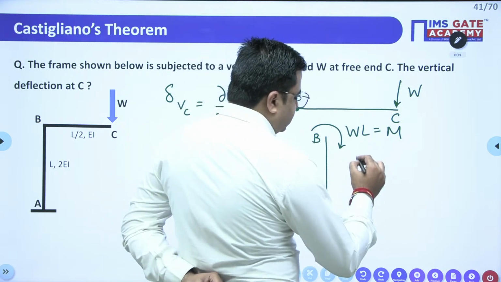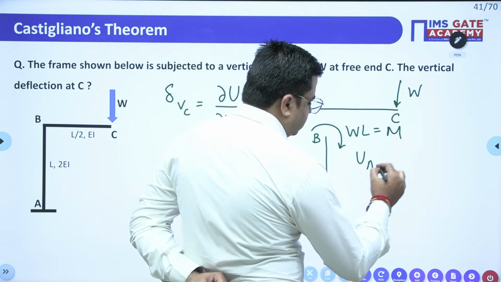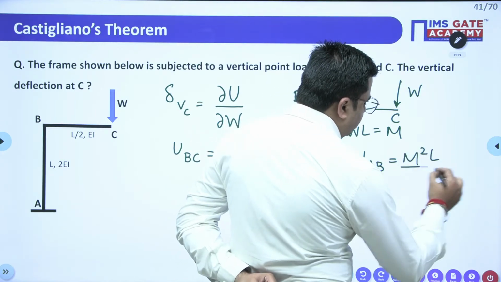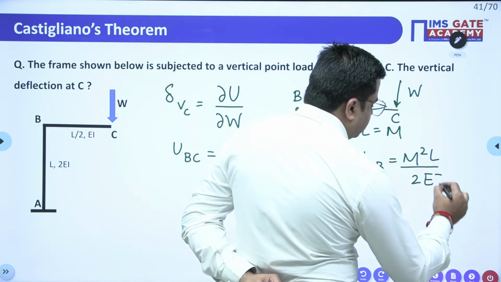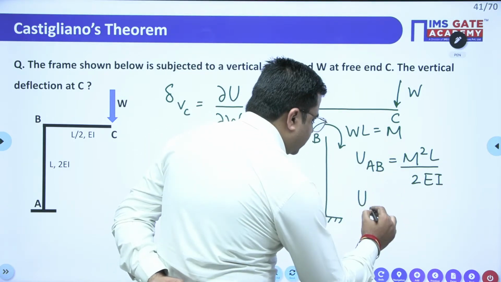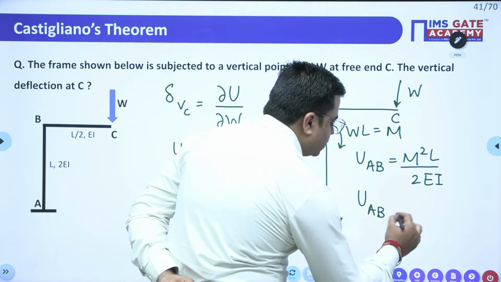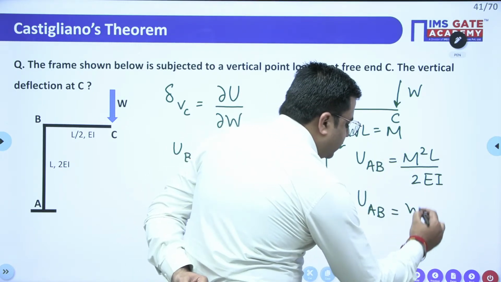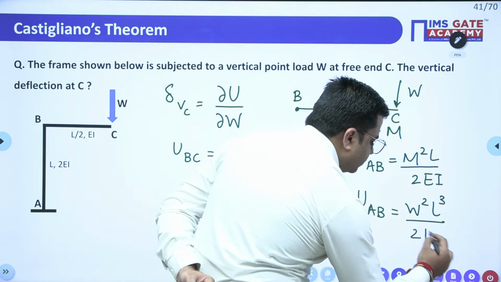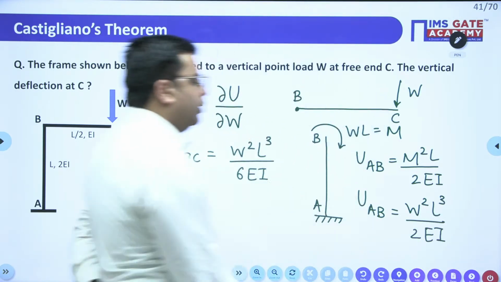So the strain energy of member AB is m square L upon 2 EI. Substitute the value of m as WL, so you will have strain energy AB as W square L cube upon 2 EI.